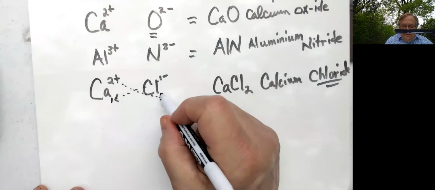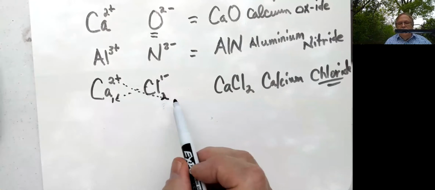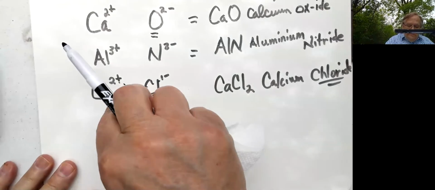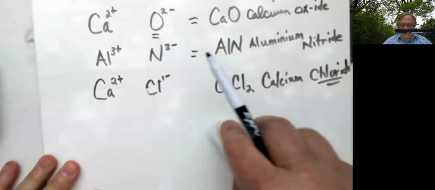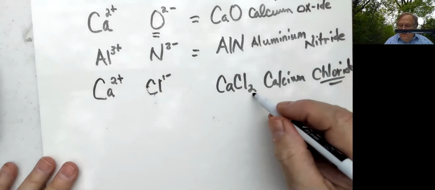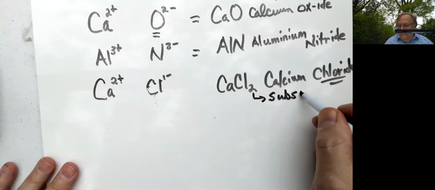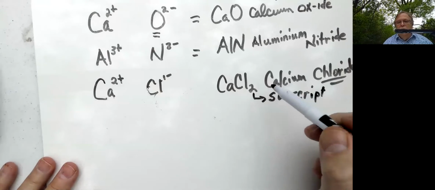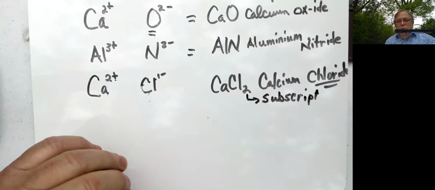So this is going to be a 2, and that's going to be a 1, and calcium chloride ends up as CaCl2, and you don't use 1s in subscripts. Let's make sure we understand what that is. This is called a subscript because it's written below the symbol.